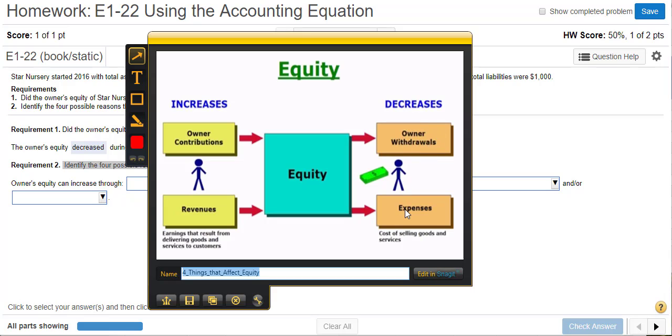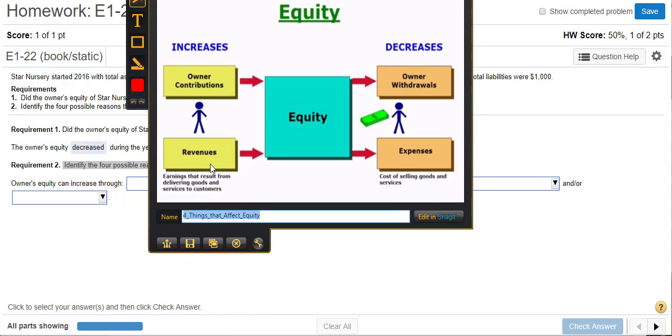Now, an expense is the cost of doing your business. It's the cost of selling goods or services. So if you're babysitting, it's the cost of whatever your babysitting expenses are, like the electricity expense, the rent expense, etc. So these 2 things, owner withdrawals and expenses, decrease equity.